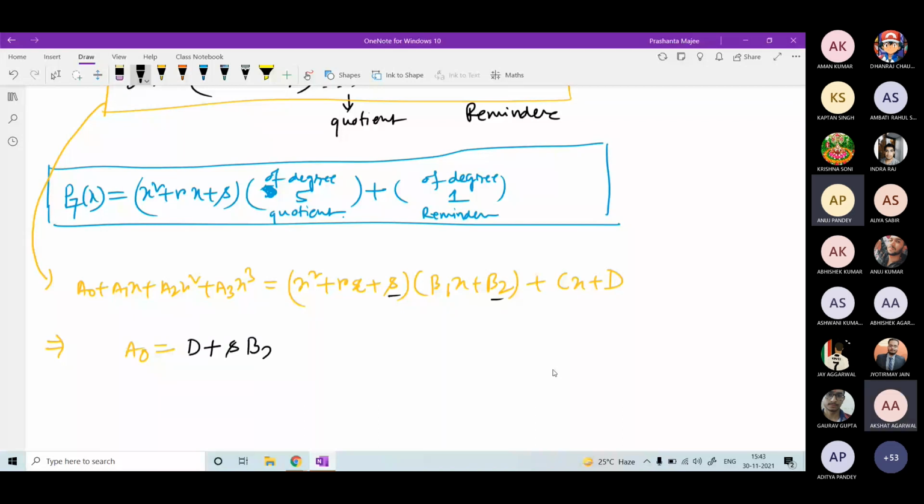What is A1? Coefficient of x. That will be sB1 + rB2 + C. That is A1. What is A2?